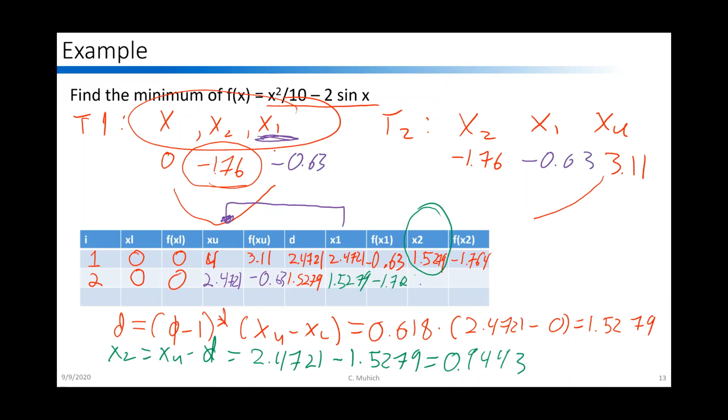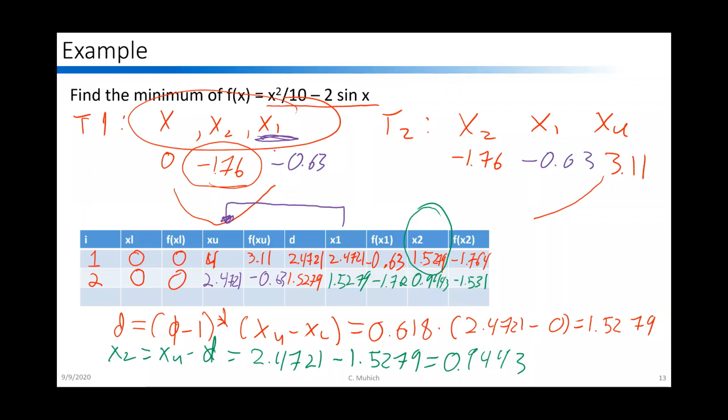So we can plug that into this value, 0.9443, and find the appropriate x value that's negative 1.531. Okay, so we can now do this.